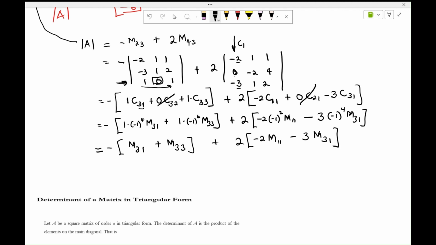So here you can break everything to matrix now. Remember, it's a bracket here. So what is M31? M31 means you delete the third row, first column. So we are left with just 1, 1, 1, 2. Then plus M33 means you delete what?